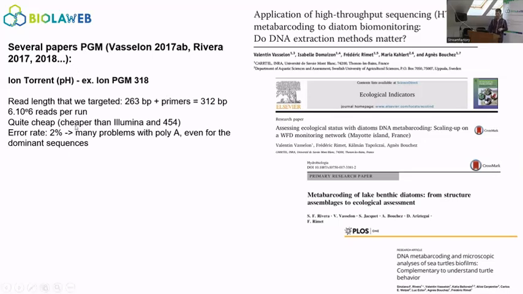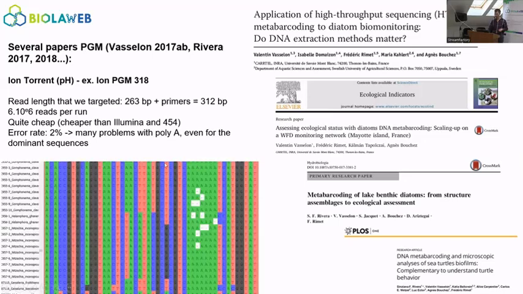The only problem was that the error rate was 2%. And in fact, there were many problems with poly A. When you look at the alignment, here you can see your different species and the sequence. In the barcode, you have a stretch with 4, 5, 6, 7 A's.